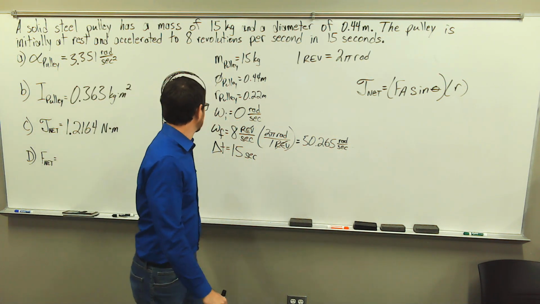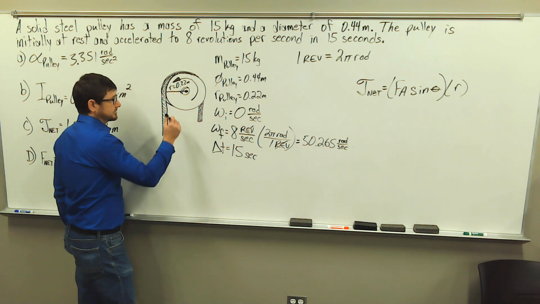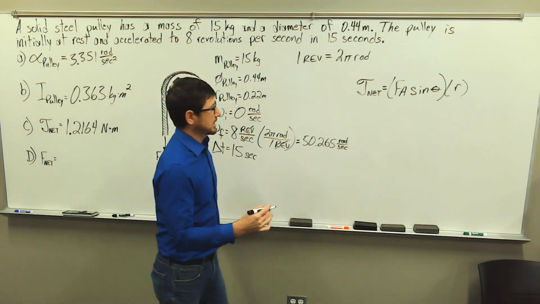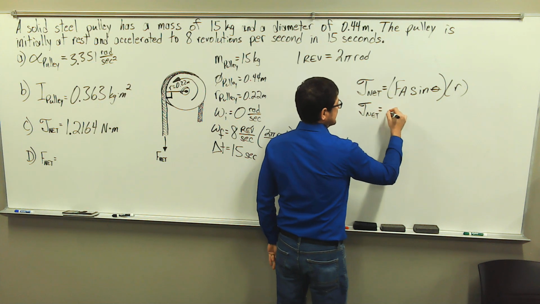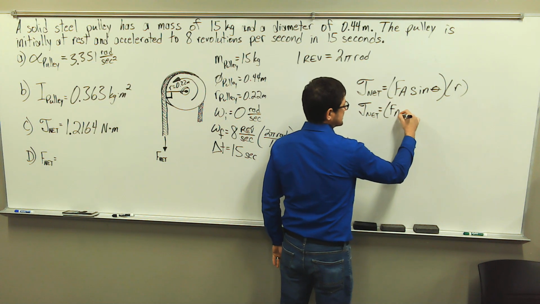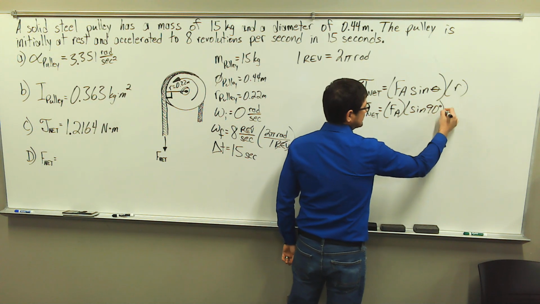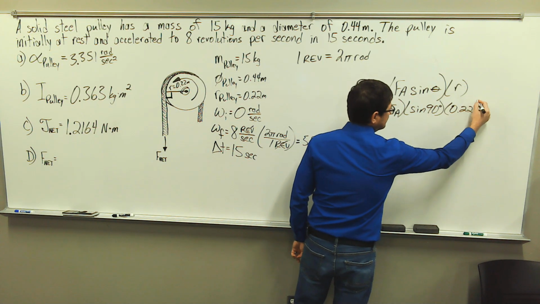Now, looking at my picture here, we're pulling straight down, and so this is going to be a perpendicular angle right here. So net torque is equal to our applied force times sine of 90 degrees times our lever arm of 0.22 meters.